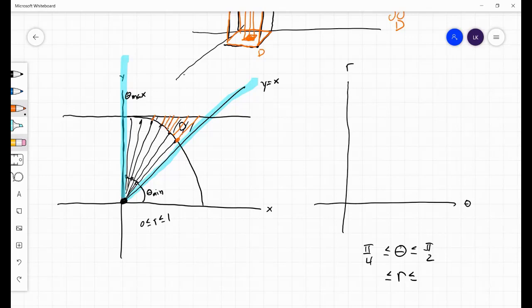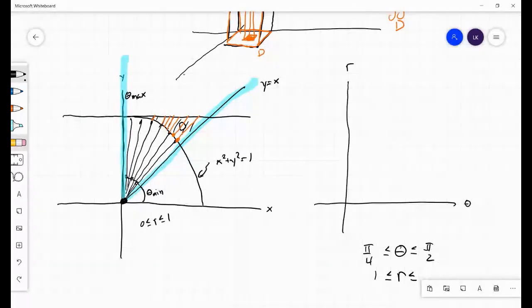So r, in a sense, starts on the circle. What is r equal to on that circle? Yeah, 1, that's right. So we're starting at points where we're distance 1 away from the origin. So r equals 1 is the lower bound.